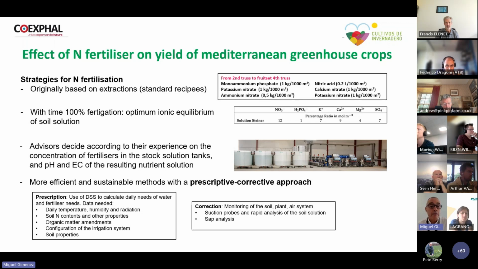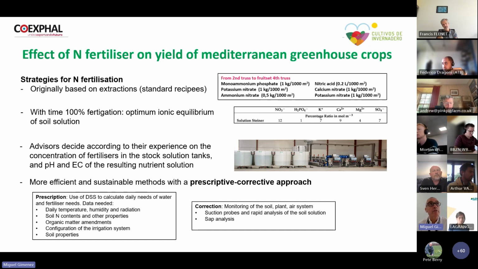The data needed to have this decision support system run and calculate are the daily temperatures, the humidity and radiation, the soil nitrogen contents and other soil properties such as the texture, the organic matter amendments, how much organic matter has been applied to the soil, the configuration of the irrigation system, and also some soil properties.